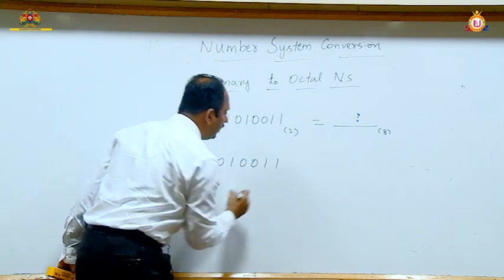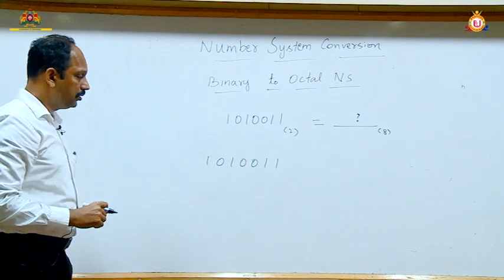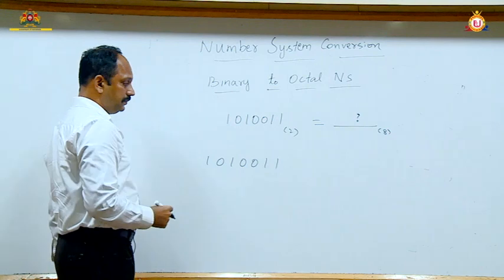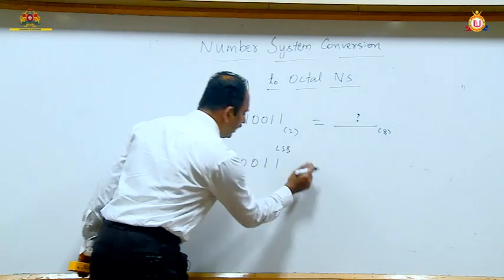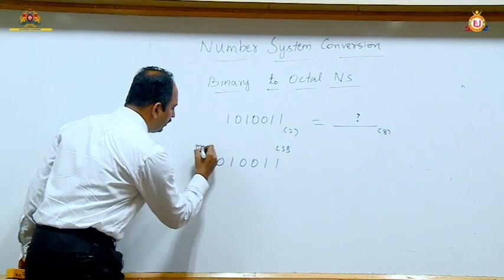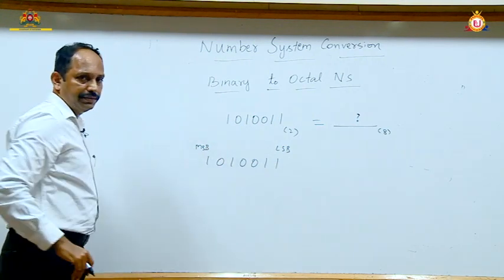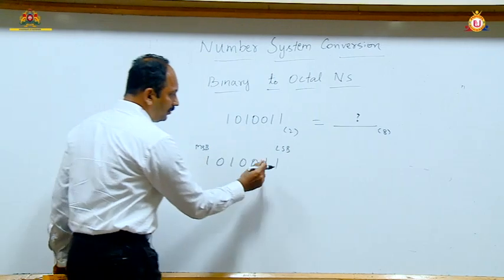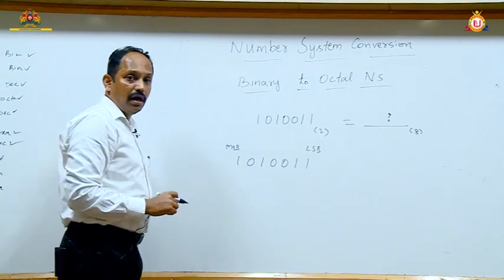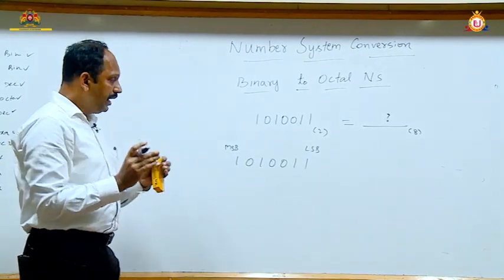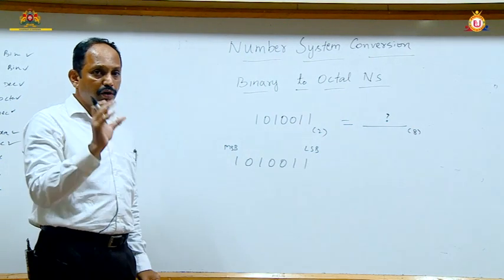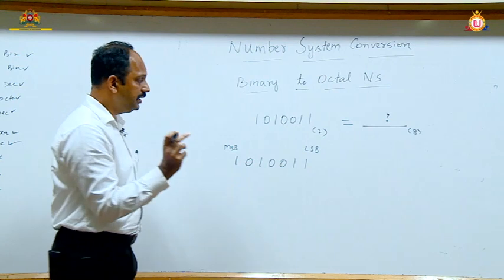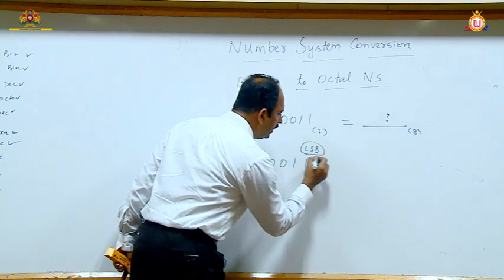I am writing the same at the bottom. Which one is the least significant bit here? The rightmost. The most significant bit is at the left side. Start from the LSB. Make a group of 3 binary digits. A group of 3 binary digits from the LSB, please.